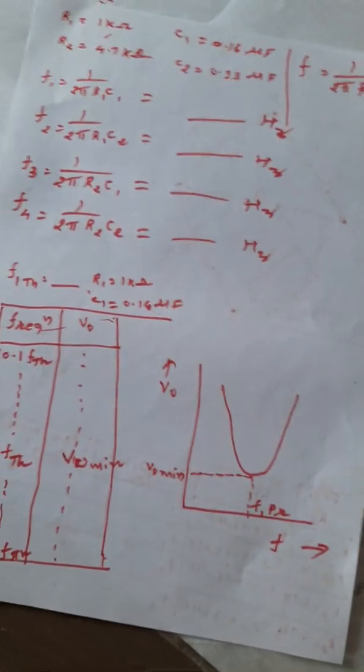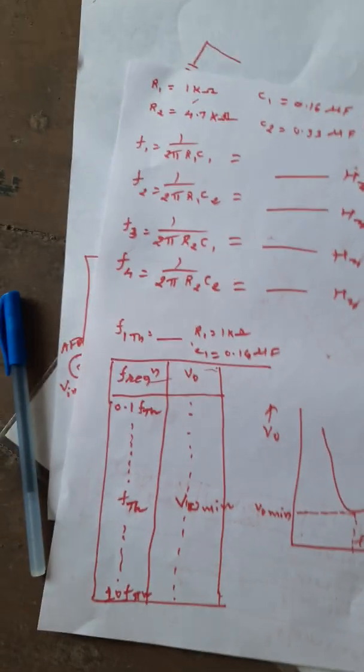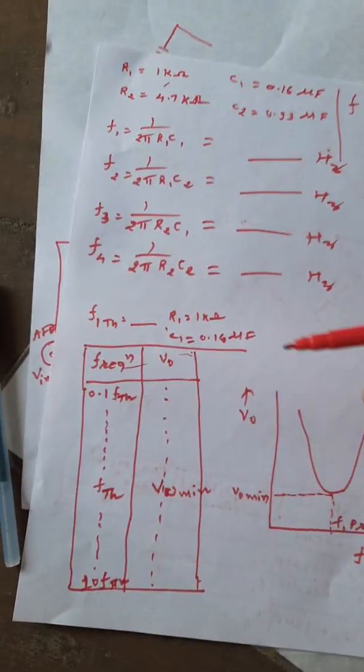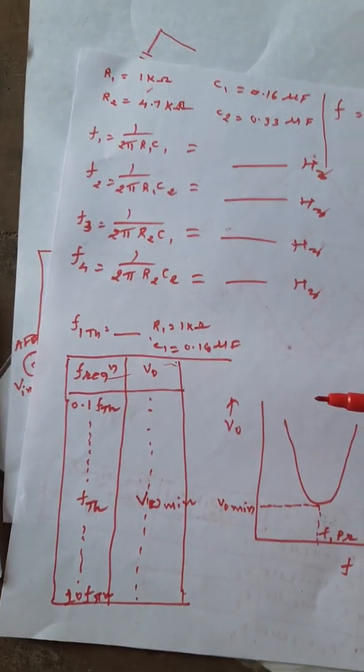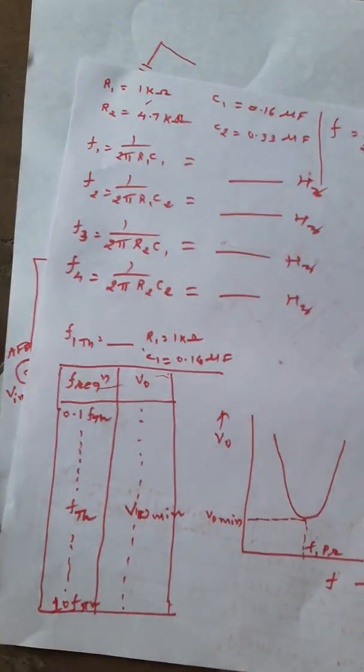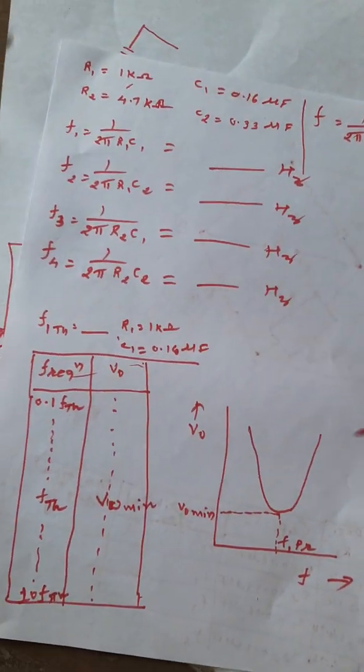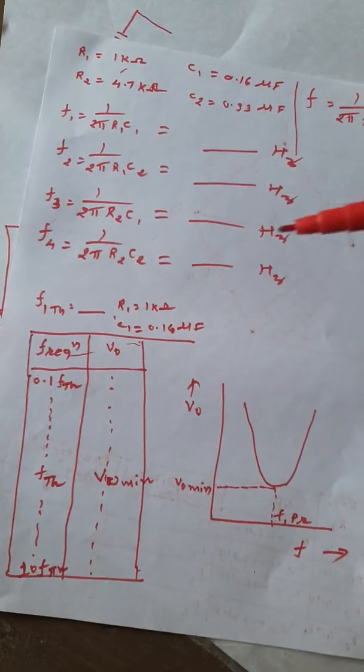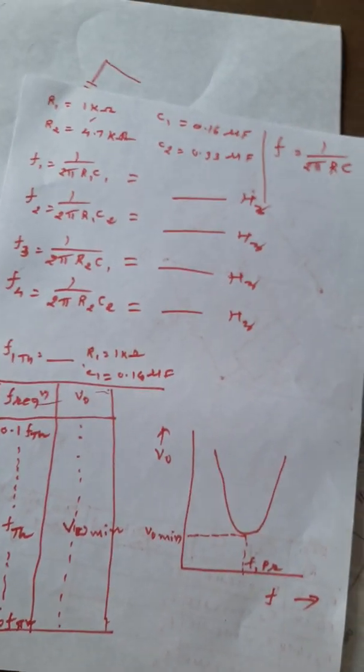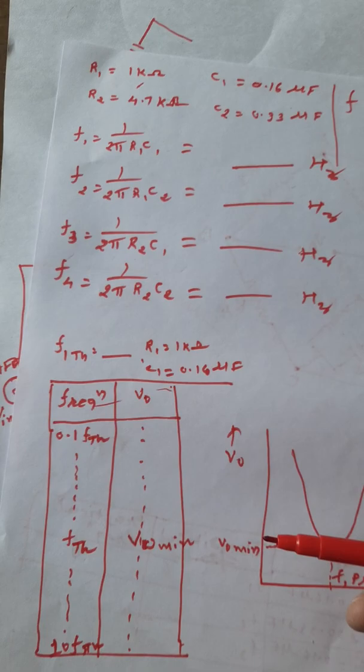So this is one set of experiment. We can repeat this same experiment for other combinations of resistor and capacitor. In this setup we have four different values of two resistors and two capacitors, so a total of four combinations is available.